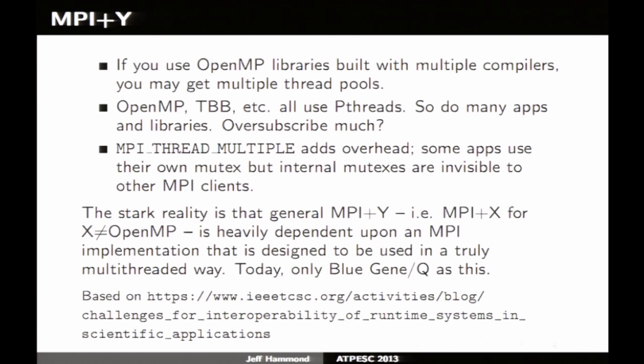When you think about MPI+X, it's really MPI+X plus Y plus Z, or even with three different vendors, MPI plus X GNU plus X Intel plus X PGI can lead to problems. So you have to think very carefully when you go down the road to MPI+X and how you interoperate with different things.